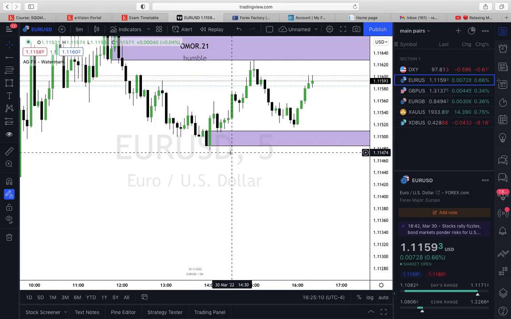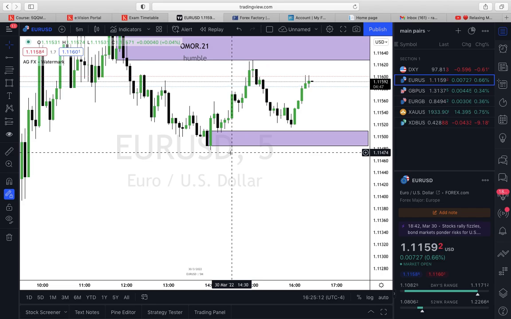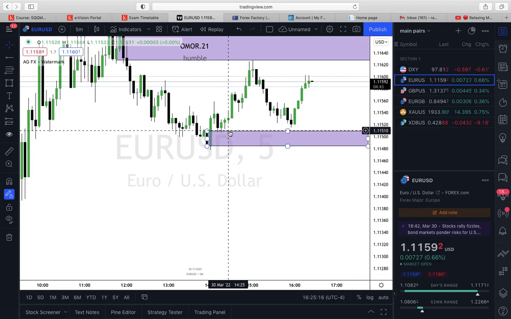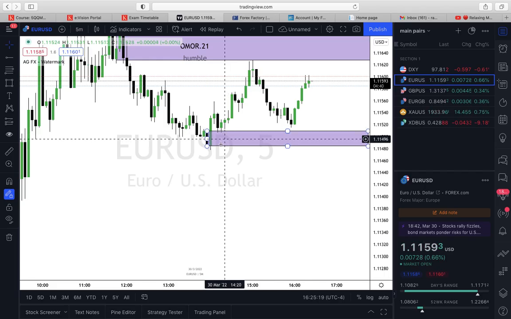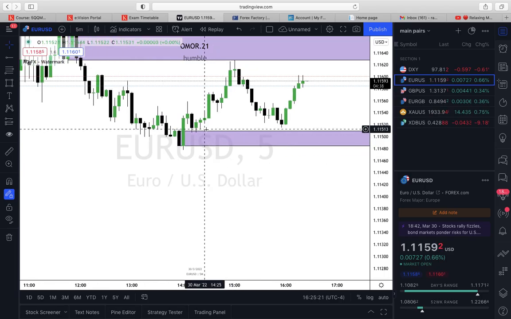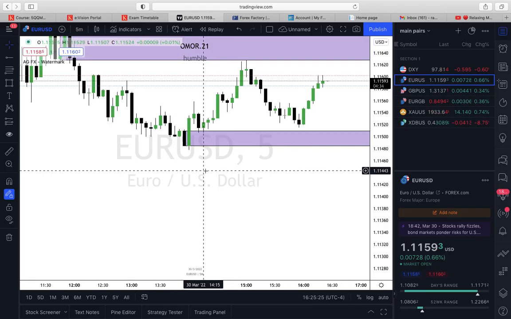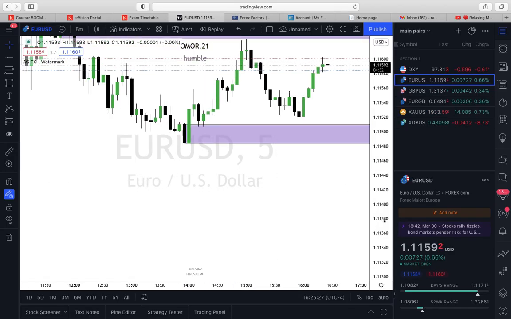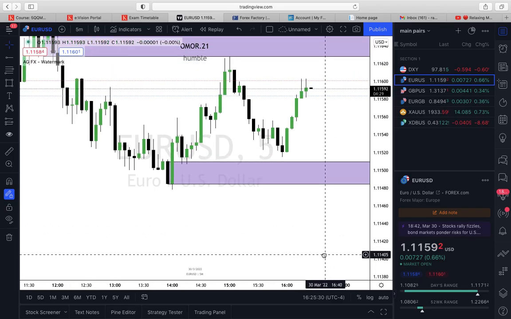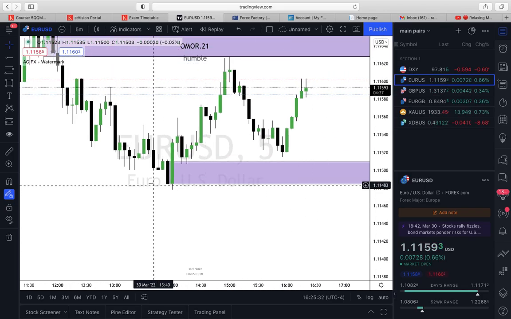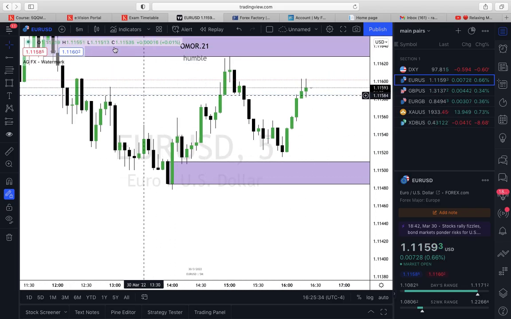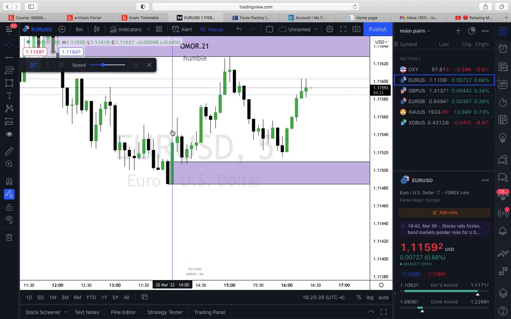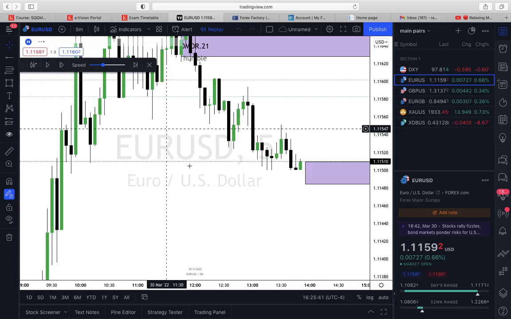Now, algorithmically, it would want to go back to the initial of the displacement. What does it leave behind? A fair value gap. The order blocks with the imbalance left behind are the ones you want to take. We're going to touch imbalance next video, but essentially, before this candle, let's do a replay.